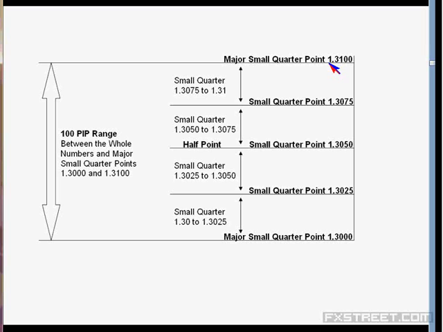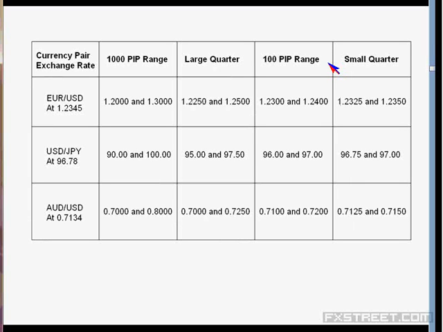With even further precision, we can zoom in and find the exact 100 pip range, and even further, the smallest quarter of 25 pips that the exchange rate is positioned in at any given time of our analysis.